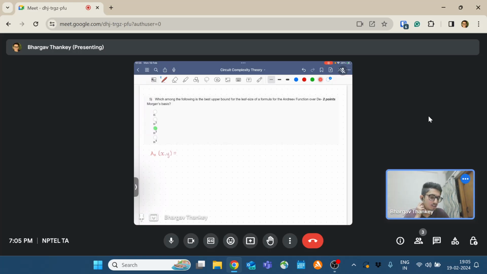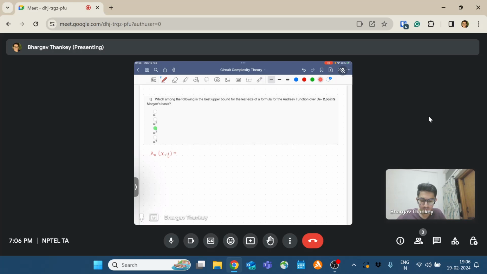Okay, let me describe this intuitively, and then I'll write it a little more formally. What we are doing is taking Andrew's function and dividing the string into log n bits.